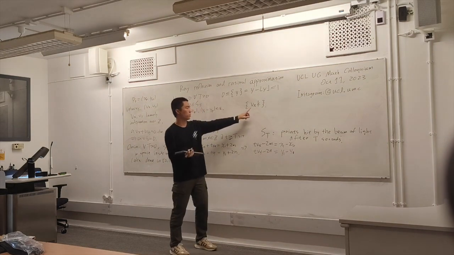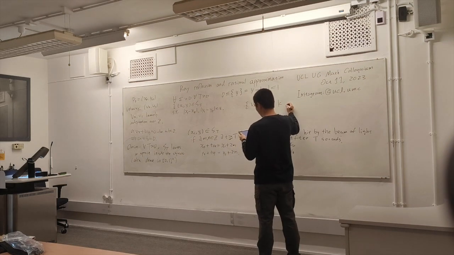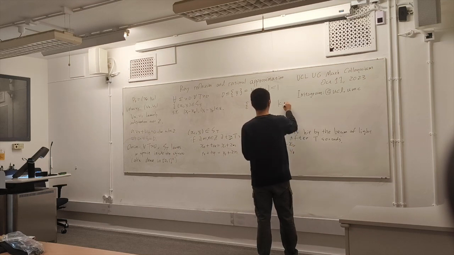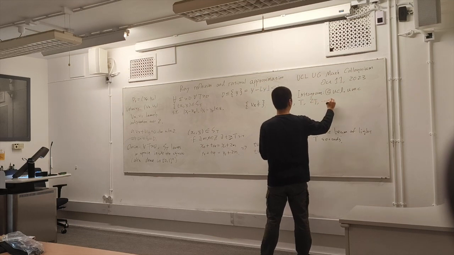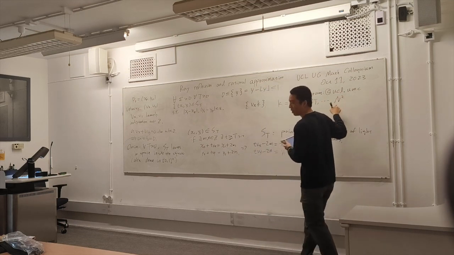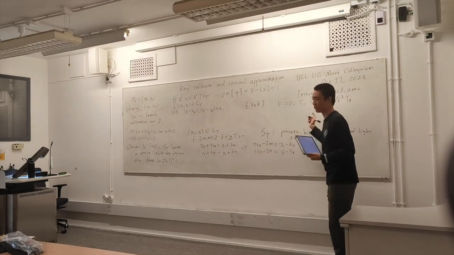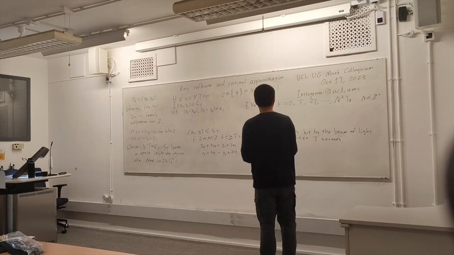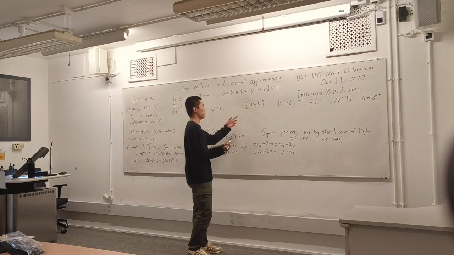Now we consider this function, and we let k be some number ranging from 0, t, 2t, all the way up to n squared times t0. This n is just some large positive integer.